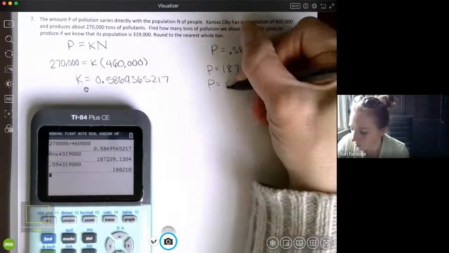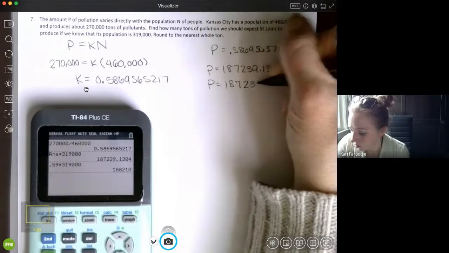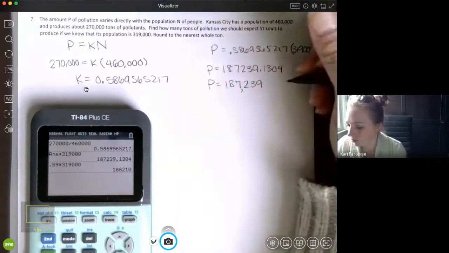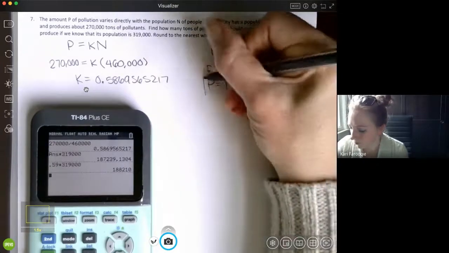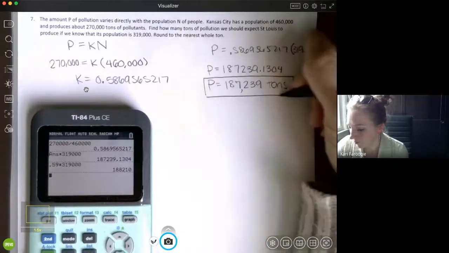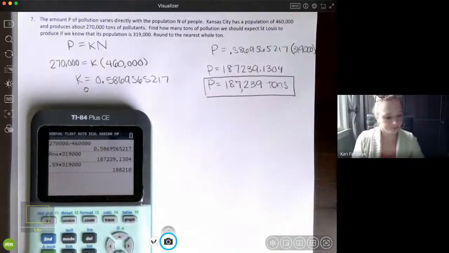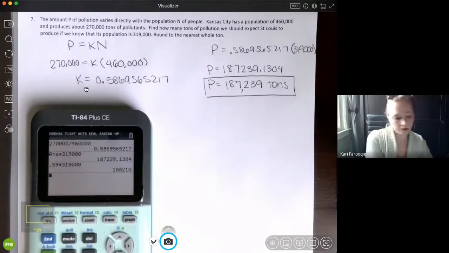So we have 187,239, and this would be tons. Okay. So that's a variation problem, not too crazy, just because it was a direct variation problem. Any questions on that one?